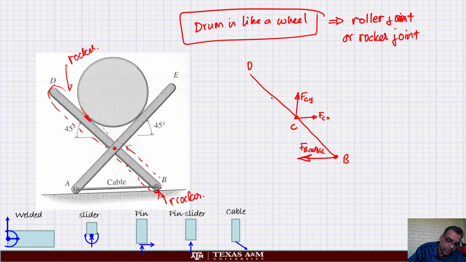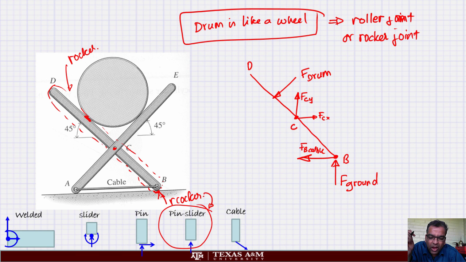For a rocker joint, it's very interesting. It's very simple. I'm just going to draw a force like that. F drum. And then F ground. You see that? Stare at it a little bit. So these two joints are the same as this pin slider.